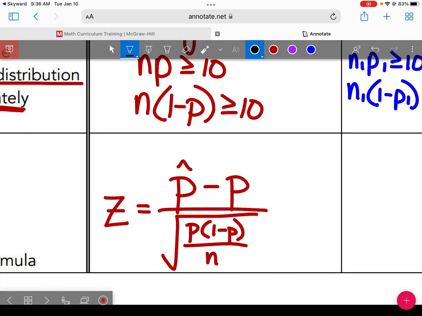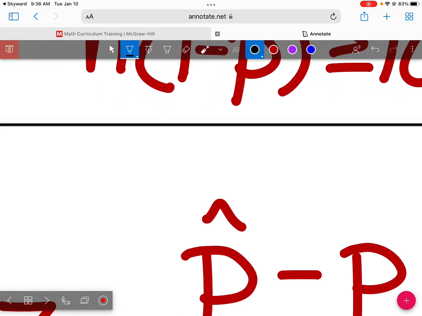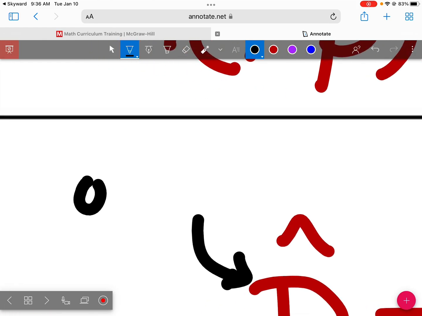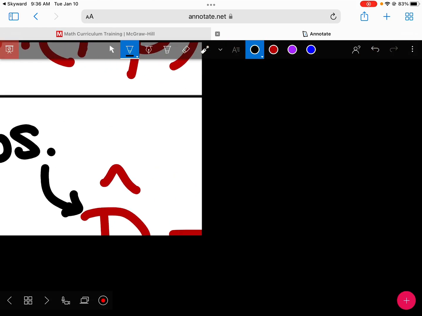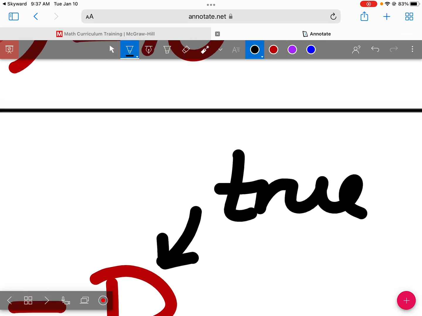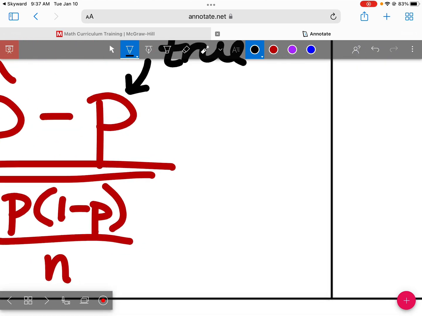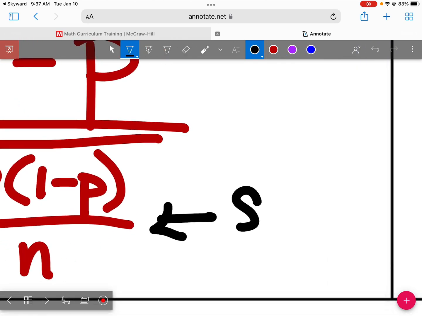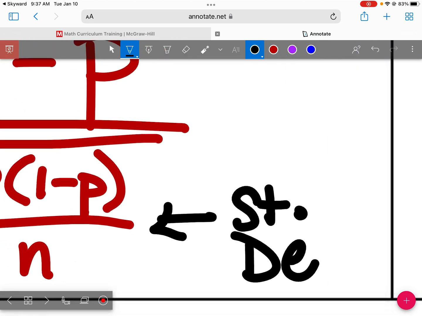So one thing that's true, every time I'm calculating a z-score, we have different letters to talk about each time, but notice right here, we have my observed minus the true divided by the standard deviation. Does that make sense?